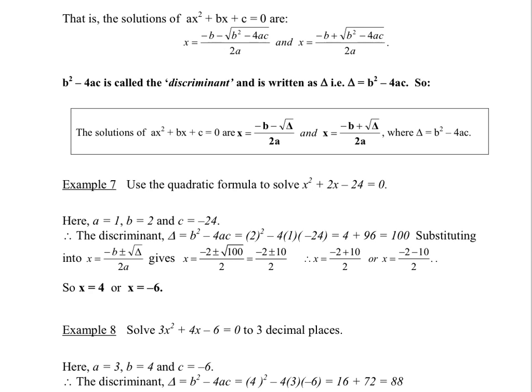Then if you substitute into these two equations, you'll get negative 2, which is our negative b, plus or minus the square root of 100, that's the same as negative 2 plus or minus 10, all divided by 2. So you end up with those two possible answers, which should give you, in the end, x equals 4 or x equals negative 6.